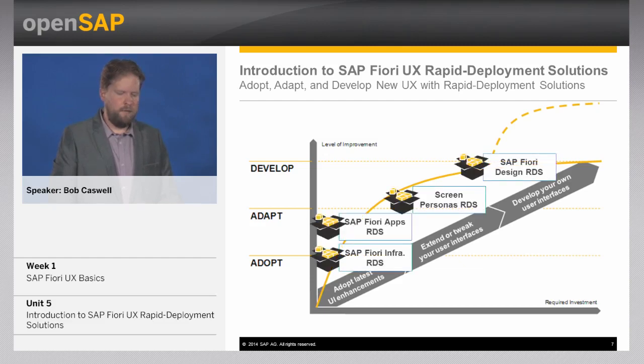So the Fiori apps and Fiori infrastructure package are really a lower level of investment, but aren't as big of a change. Perhaps they are a big change from the traditional look and feel of SAP GUI, but in terms of the work required, since you're taking something that SAP has provided out of the box, they don't require as much investment to get that first baseline level of user experience improvement.